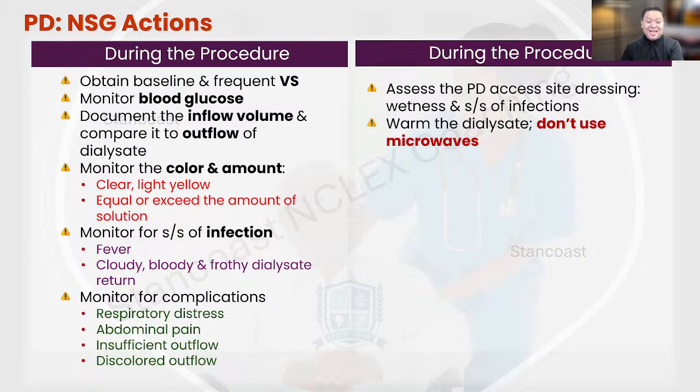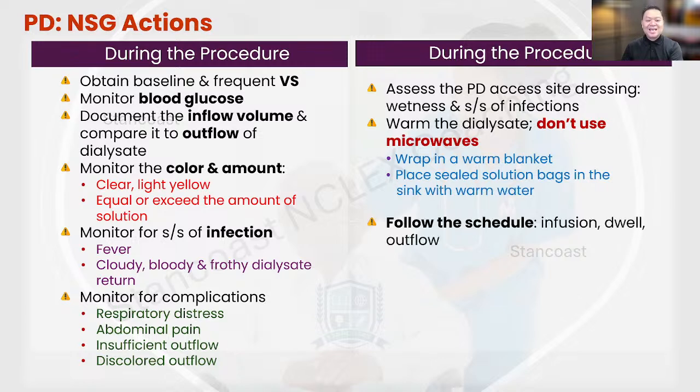Now, instead, what we're going to do here is to instruct them, or if it's in the hospital setting, what we're going to do is to wrap the bag of the solution, which is actually sealed in a plastic bag. And so we're going to wrap it in a warm blanket to warm the solution, maybe for a good 15 to 20 minutes, in order to let it be at least 37 degrees Celsius, or let's say 98.6 degrees Fahrenheit.